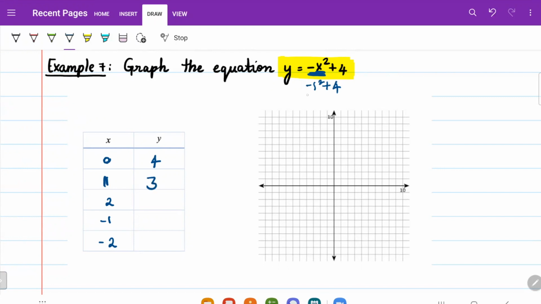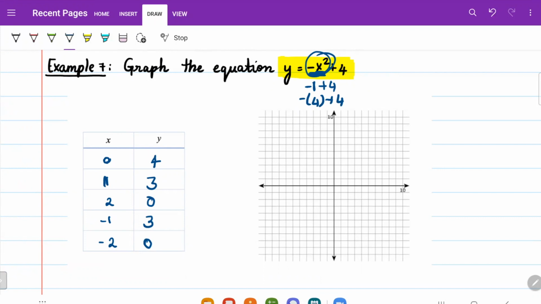When it is 2, we have minus 4 plus 4, which is 0. And then when we have minus 1, we get the same values as 1 because we are squaring it. When you square a number, no matter whether it's positive or negative, the answer is always positive. So when you plug in minus 1 instead of x here, you still get 3. And for minus 2, you get minus 4 plus 4, which is 0 again.